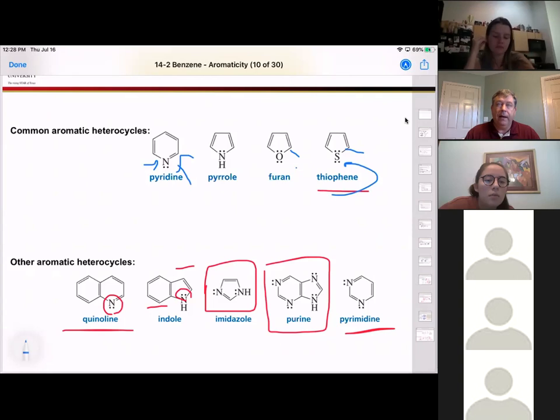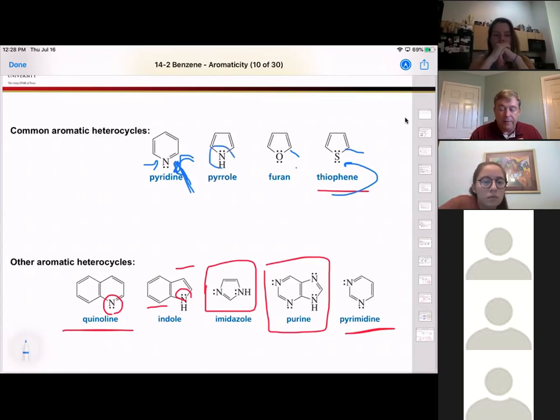So the way I like to describe it is that in the case of this double bond, that double bond has to be a pi bond. Pi bonds are only made with p orbitals, so the electrons in this double bond have to be in a p orbital.